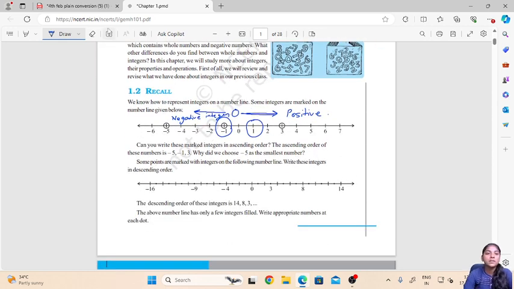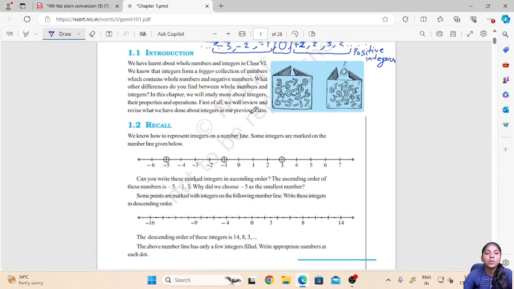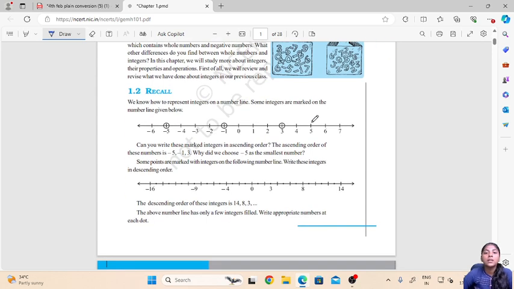Then let us see what is given here in this exercise, or let us recall what we have learned in the lower classes. So we know how to represent integers on a number line, and some integers are marked on the number line given below.